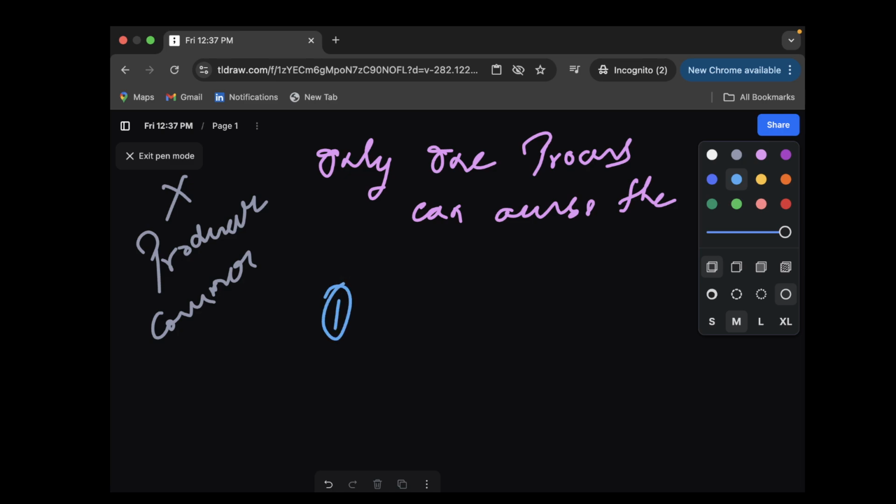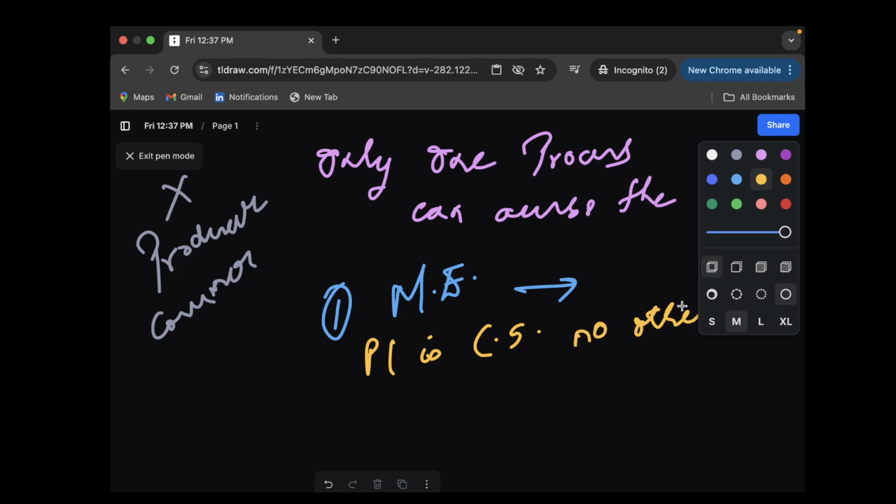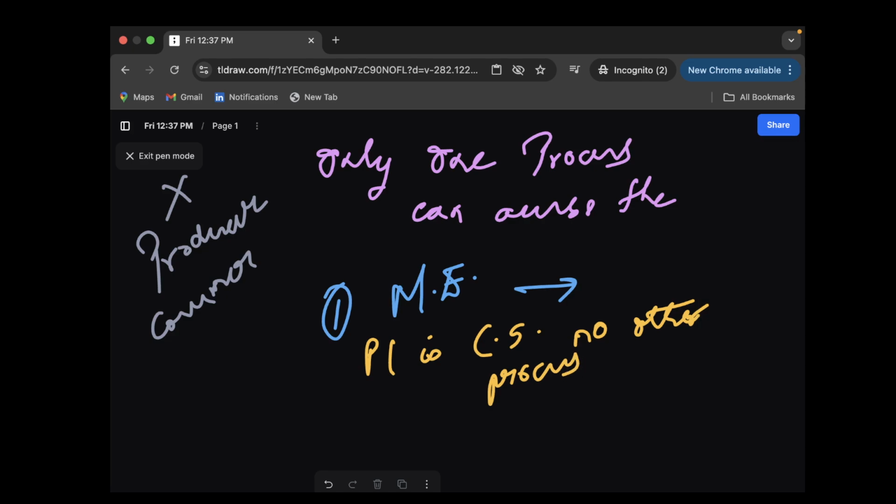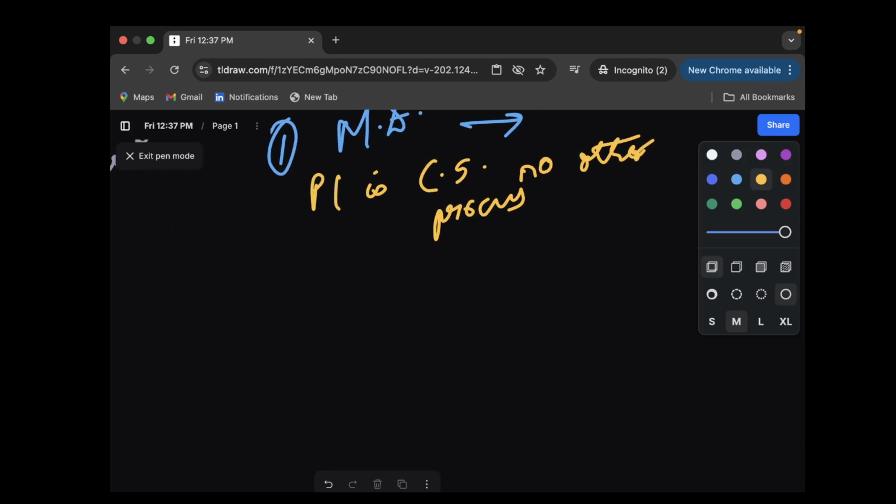Now how can that be done? First is mutual exclusion, right? That means if P1 is in its critical section, then no other process can enter. But we also need to make sure that there is no starvation of the processes, right? Everyone should have the same priority. So second, we have something called bounded waiting.